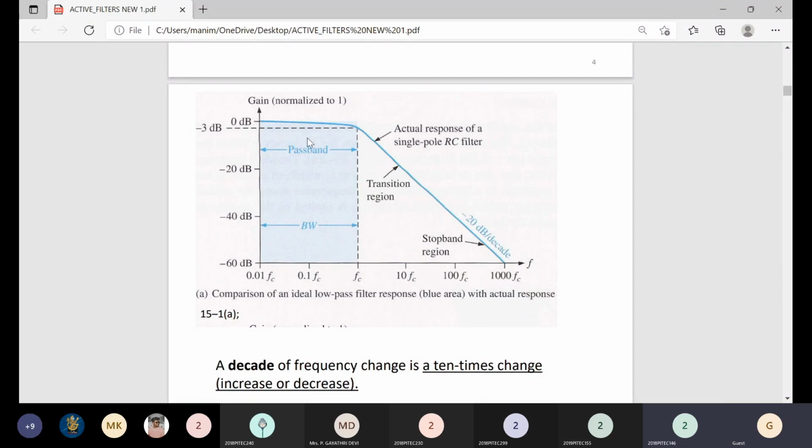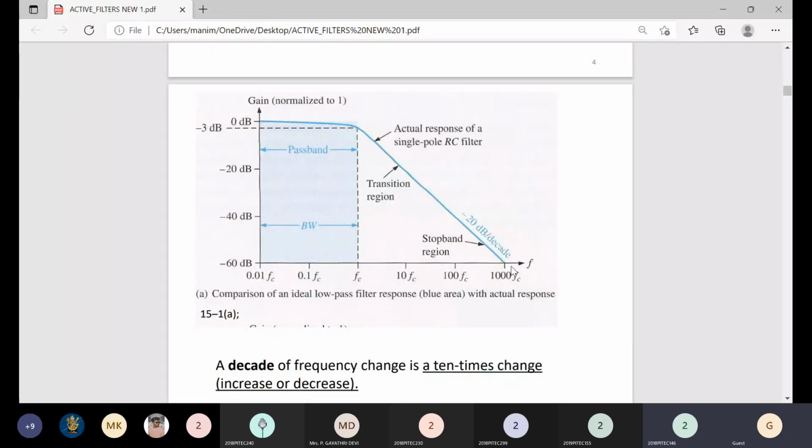Then greater than the cutoff, the gain reduces at the rate of 20 dB per decade. It is followed by the transient region, then the stop band region.